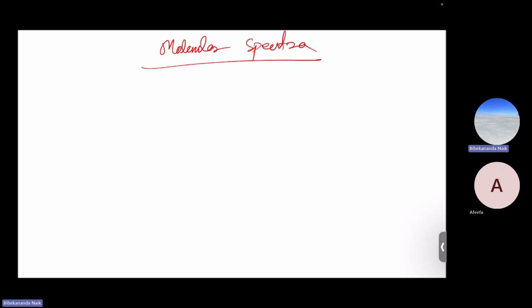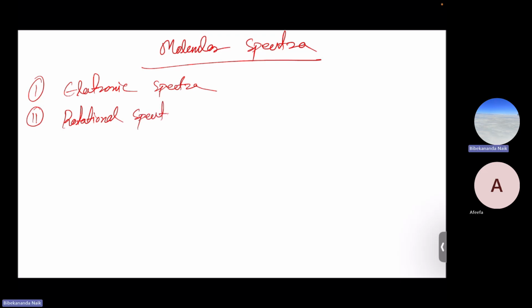So if we discuss the concept of molecular spectra, we have electronic spectra, then rotational spectra, and vibrational spectra.